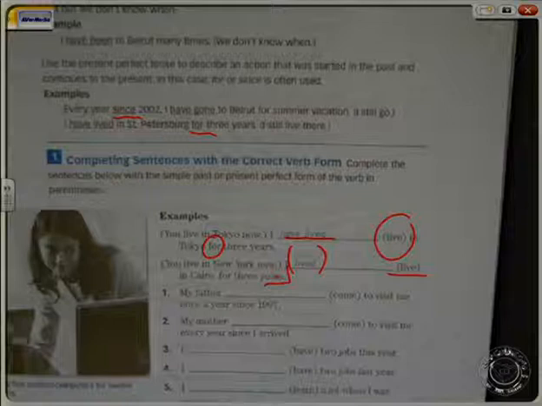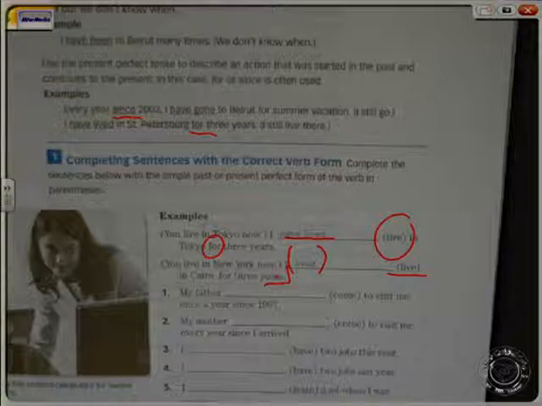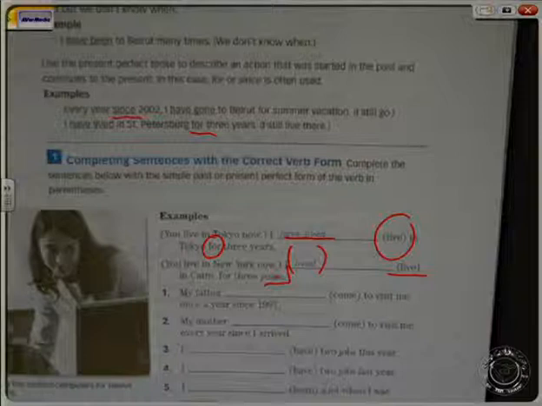Whereas you live in Tokyo, that means you currently are living in Tokyo, and you still are. So you began living in Tokyo a long time ago, we don't know when, and you still are, so you use the present perfect, have lived.